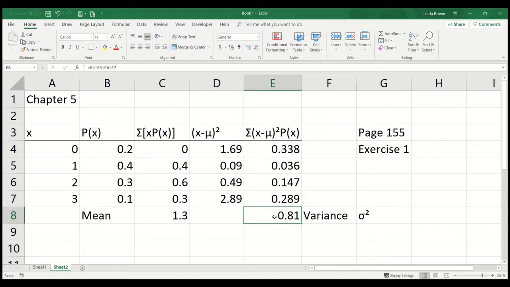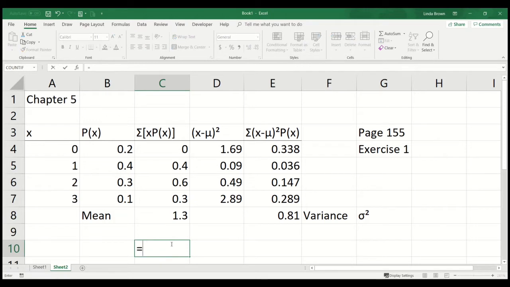But we don't just stop there. We want to find the standard deviation. Well, the standard deviation is just the square root of the variance. So we want to isolate the sigma. So we take our 0.81 and we find the square root. You can certainly do that in your calculator very easily.